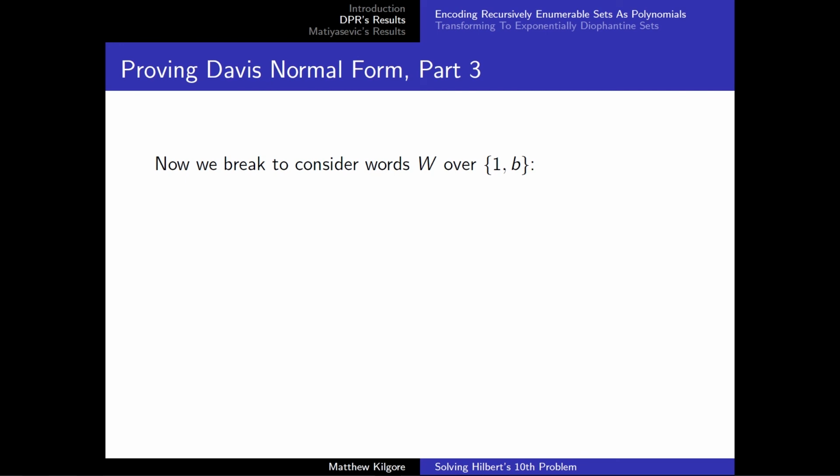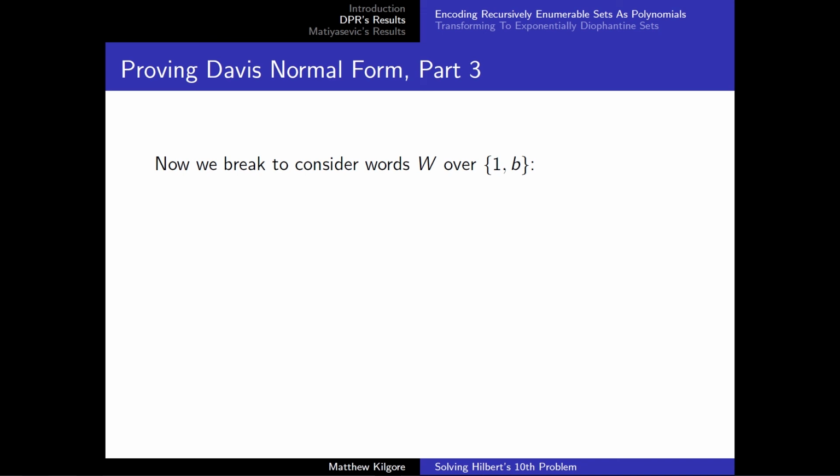Now, consider words W over the alphabet 1B. You may be wondering why not the alphabet 01. The answer is simply that Davis used this in his book. Unlike so many other things in the book, it's a bit bizarre and unconventional.